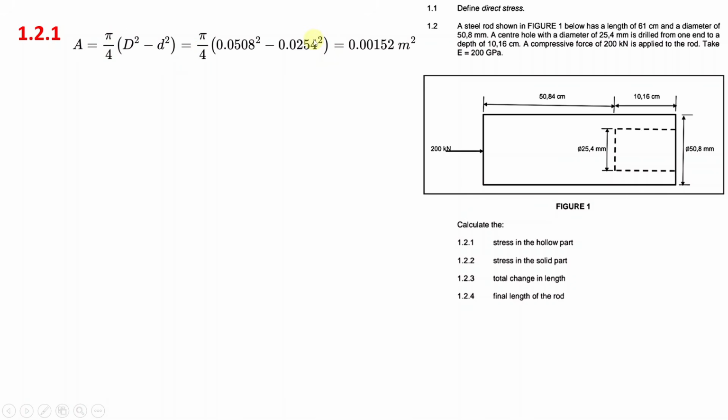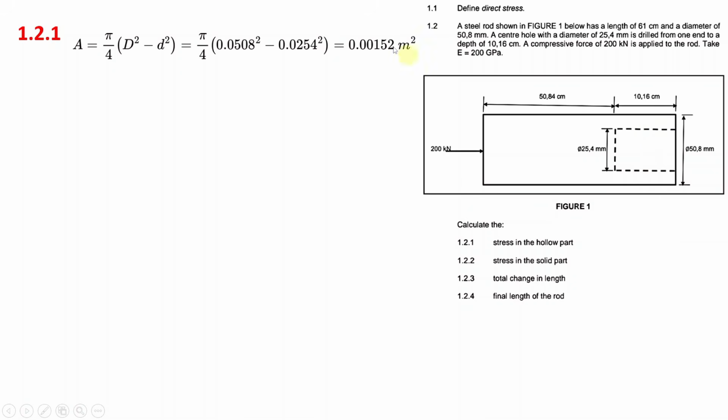And so once you do that, you find that the cross-section area of the hollow part will be equal to 0.00152 square meters. Okay, we always work in SI units. Do not forget, you need to change the dimensions from millimeters to meters. And so in this case, you get the area as 0.00152 square meters, the cross-section area of the hollow part.